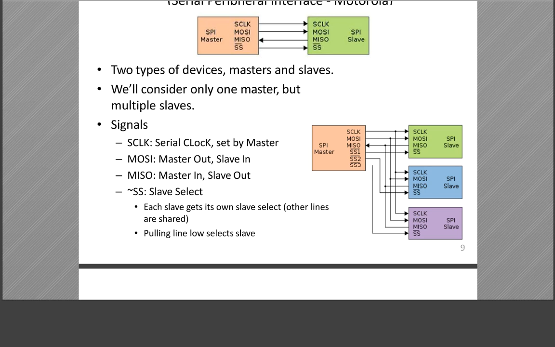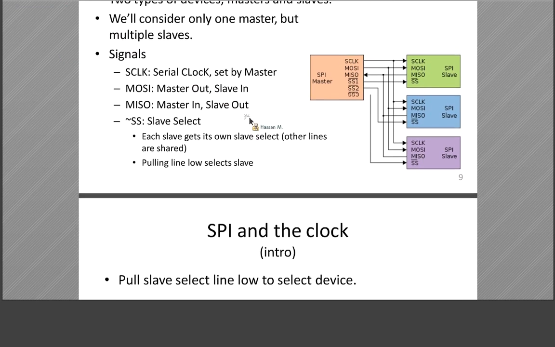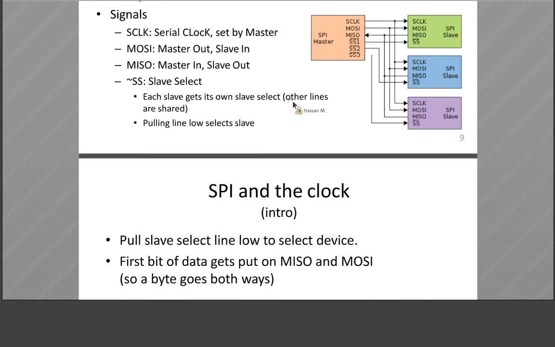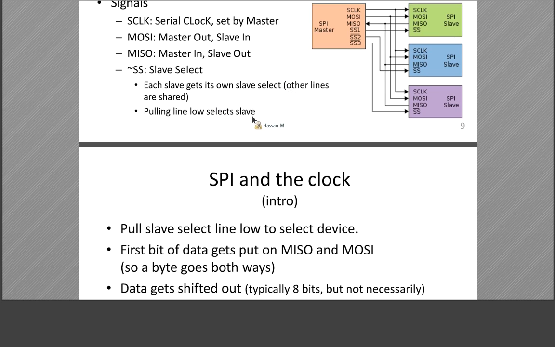But in it, we have only one slave select for one slave. That's right, slave select is active low. That means each slave gets its own slave select, and when active it is low. Pulling the line low selects a slave.